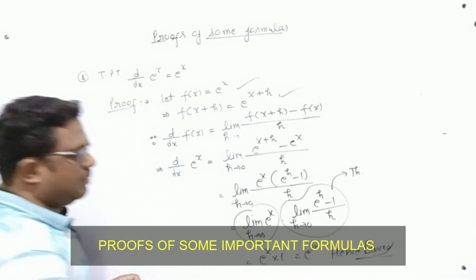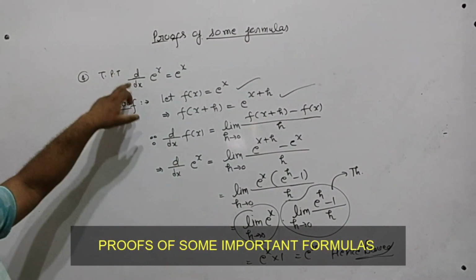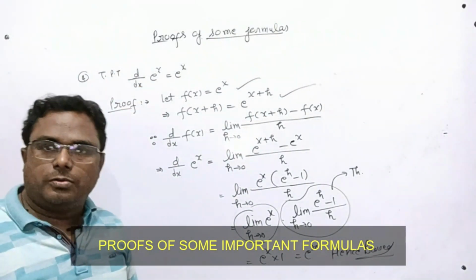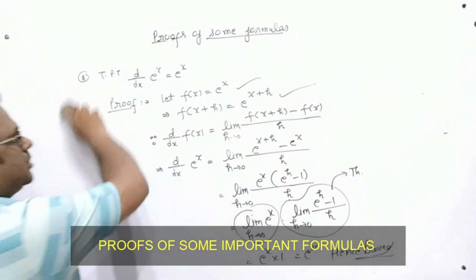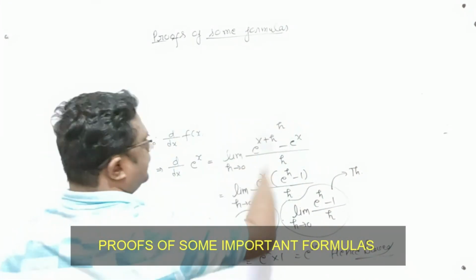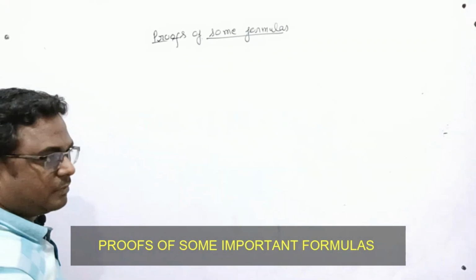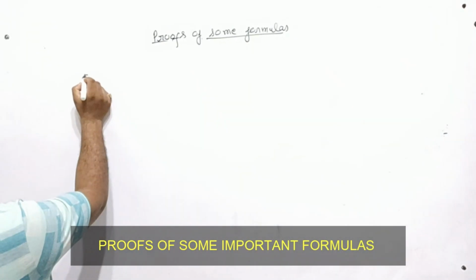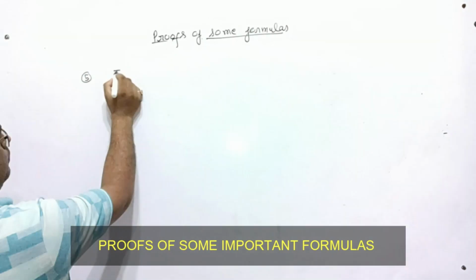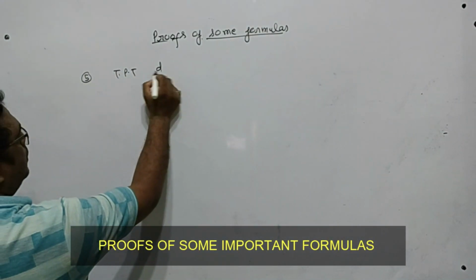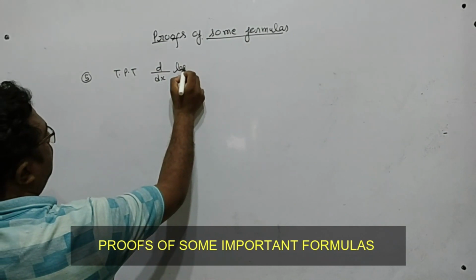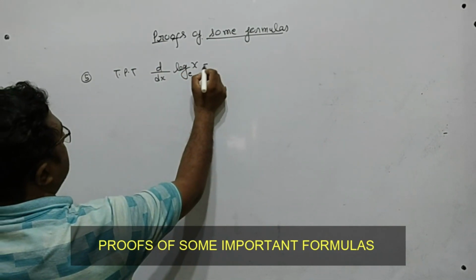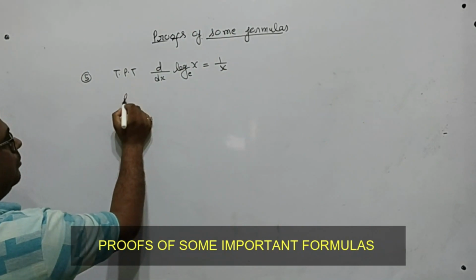So we have done the proof of this formula that dy/dx of e^x equals e^x. Let us take one more formula for proving. Formula number 5, to prove that dy/dx of log x to the base e is equal to 1 upon x. Proof.